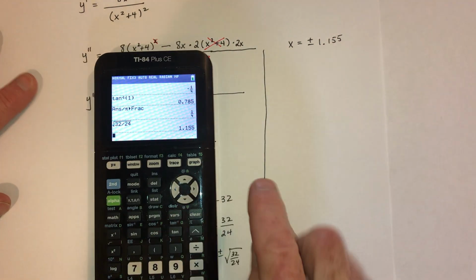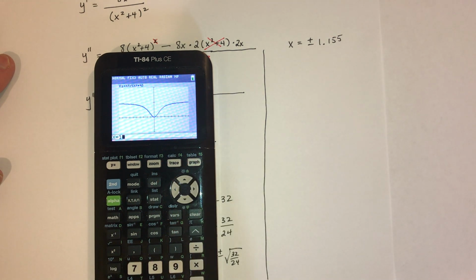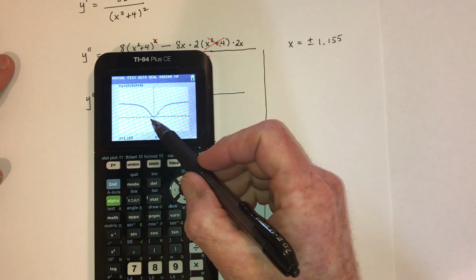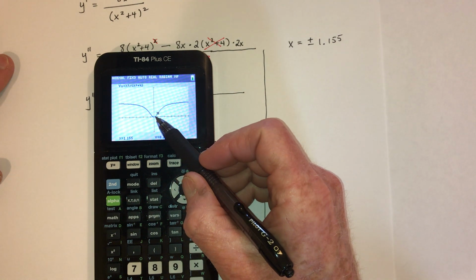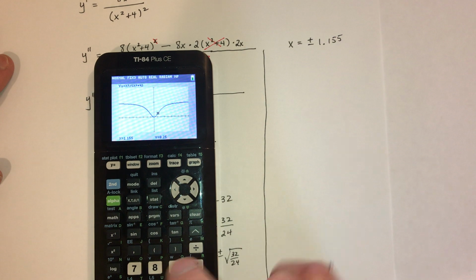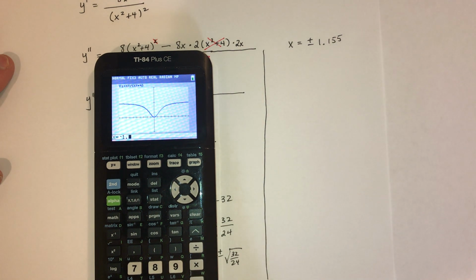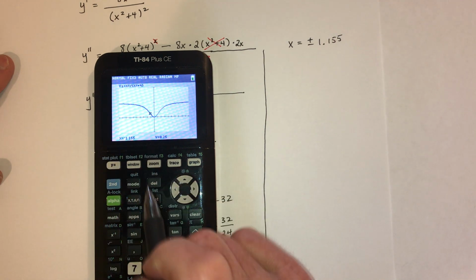Now, what's happening with the graph? So go back to the graph, trace, and if you plug in 1.155, so basically this little part in here is concave up, and then this is concave down. And if you put the negative 1.155, this part is concave down, the middle is concave up.